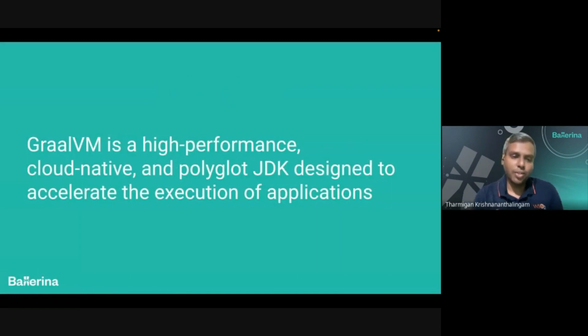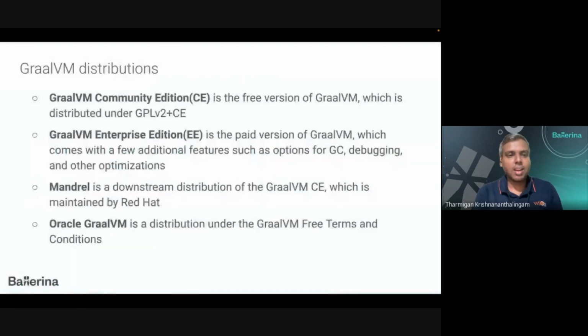GraalVM is a high-performance cloud-native and polyglot JDK, which is designed to accelerate the execution of applications. GraalVM has different kinds of distributions. There's a community edition, which is a free version of GraalVM. And there is also an enterprise edition, which is, of course, a paid version that comes with a few additional features. There is also a downstream distribution of the community edition called Mandrel, which is maintained by the Red Hat team.